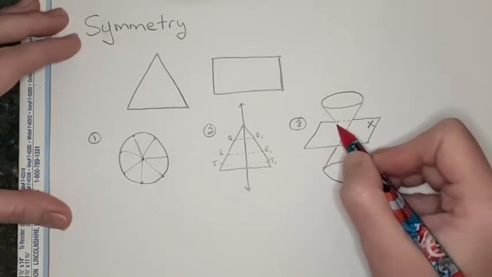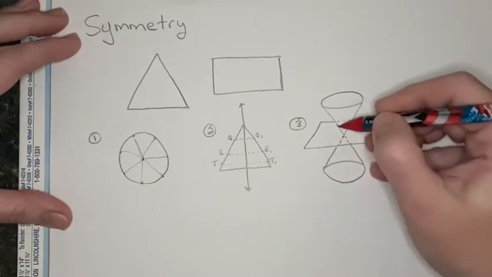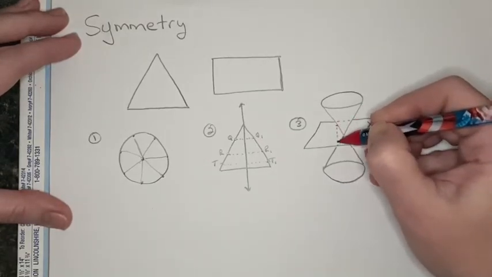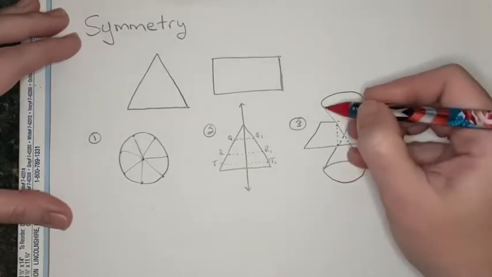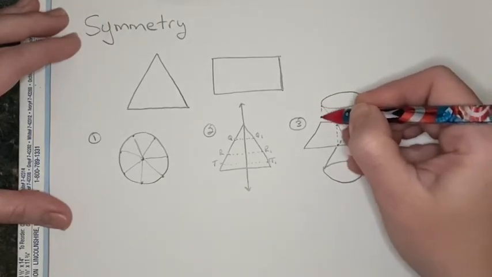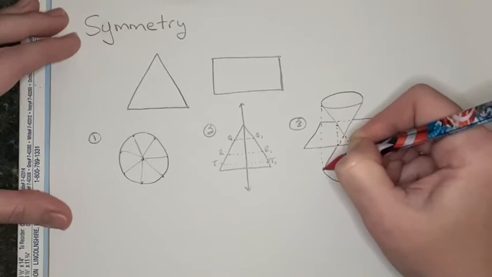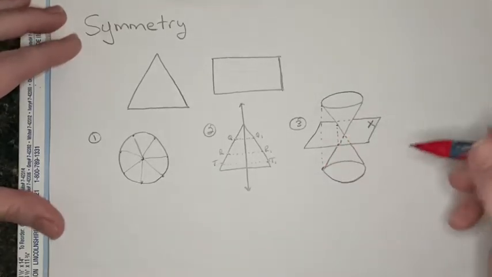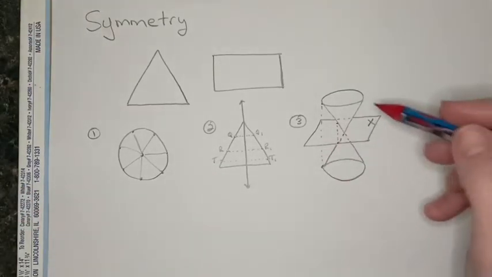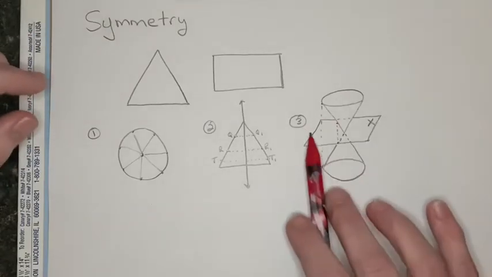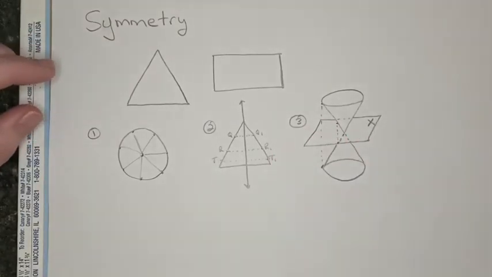For every point here on this side of the plane, there is an equal point on the other side of the plane. This point here has a partner point on this side. That makes these shapes symmetrical with respect to this plane.